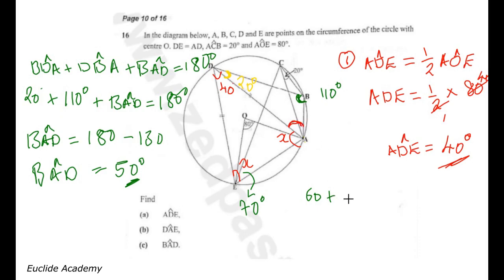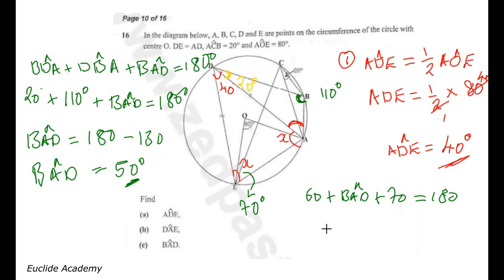So if we add this angle, which is BAD, plus this x here, which is 70 degrees, this should give us 180 degrees, since we're using the theorem which states that the opposite angles of a cyclic quadrilateral add up to 180 degrees.